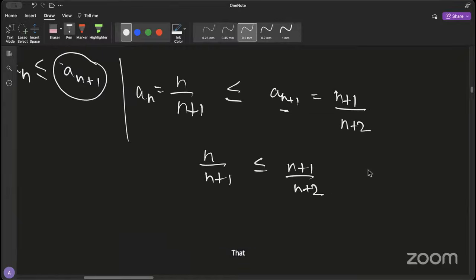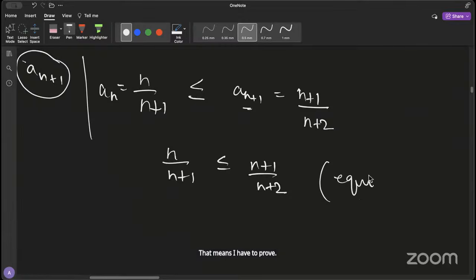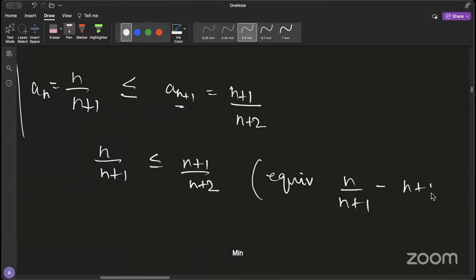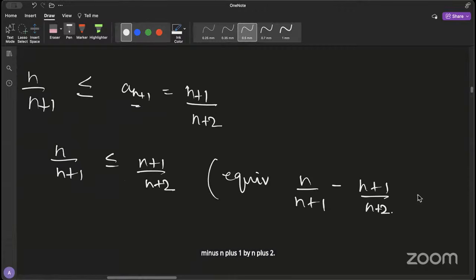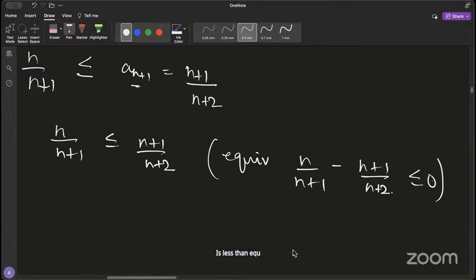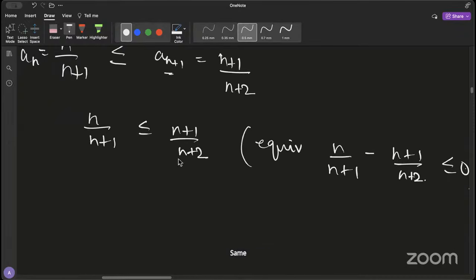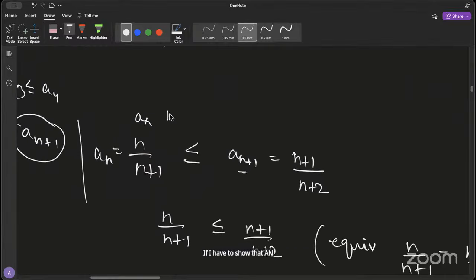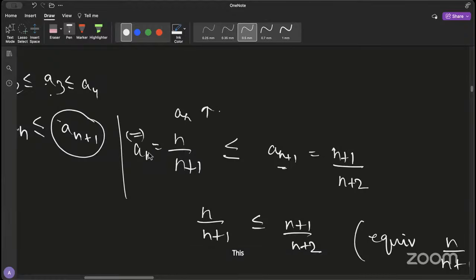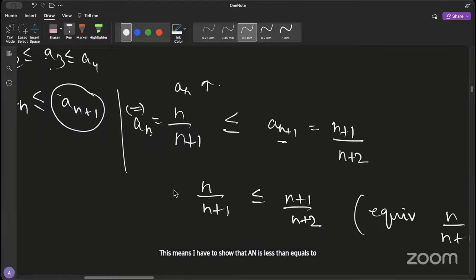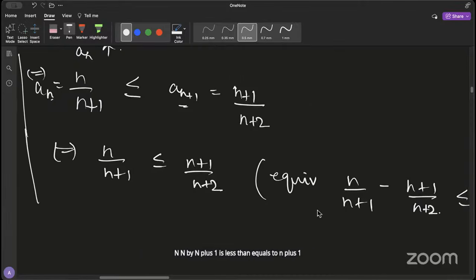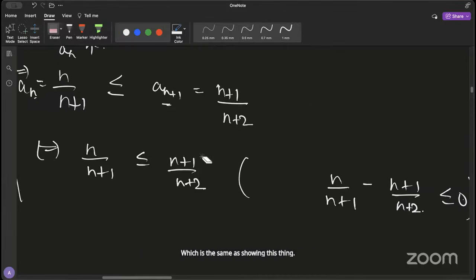That means I have to prove, equivalently, that n by n plus 1 minus n plus 1 by n plus 2 is less than or equal to 0, right? Same thing, I've taken it on this side. If I have to show that A_n is increasing, this means I have to show that A_n is less than or equal to A_(n+1). This is the same as showing n by n plus 1 is less than or equal to n plus 1 by n plus 2, which is the same as showing this thing.